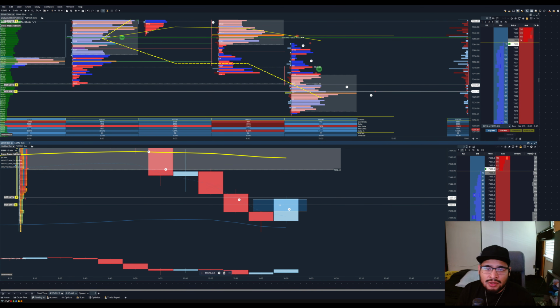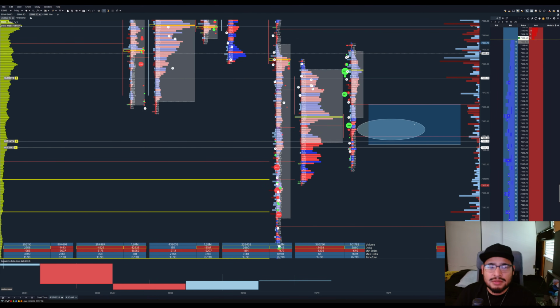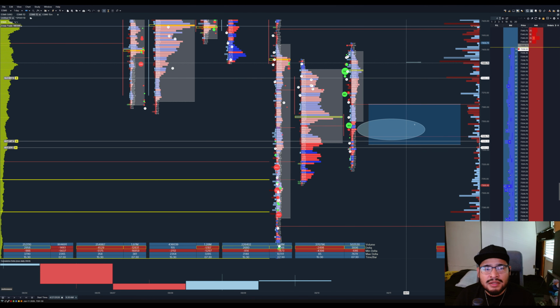Okay. So for today we went above the overnight high. We tapped the weekly VWAP. I think it was like in the 90s. So if I go to this monitor, it was somewhere around 90 to 95, I think.